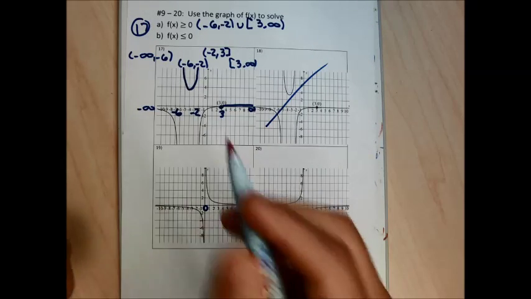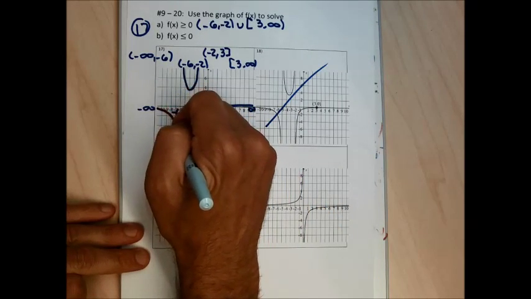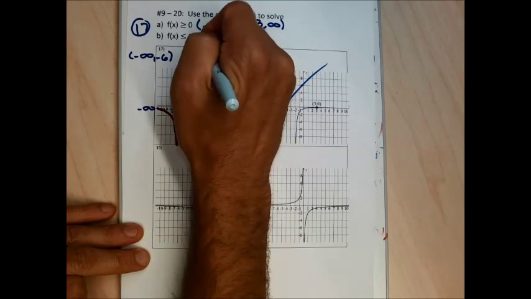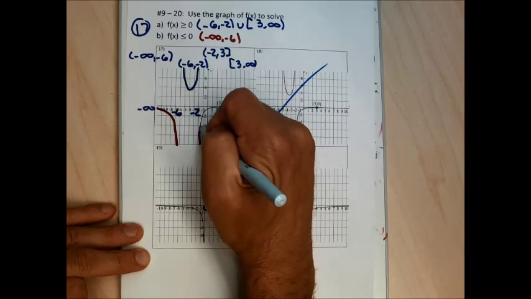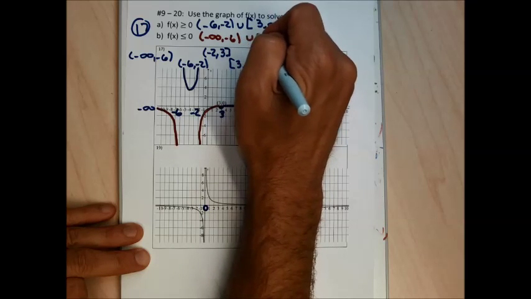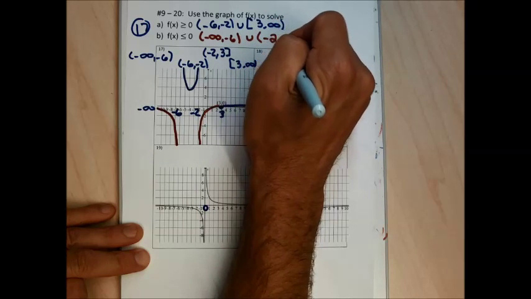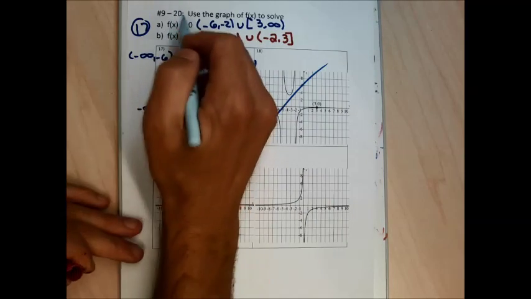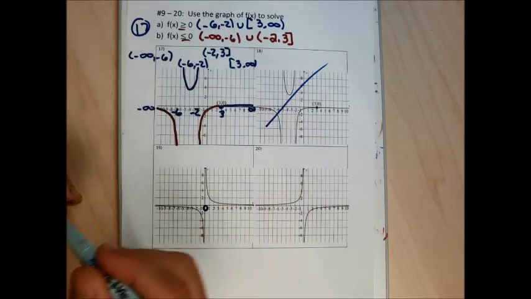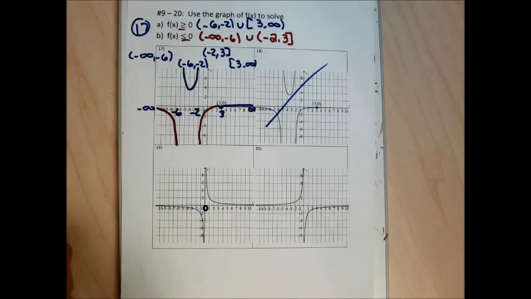The regions that go in part B are the region negative infinity to negative 6 and the region from negative 2 to 3, making sure to get the right kind of brackets. When you have the or equal to's, x-intercepts get square brackets, asymptotes still get the round brackets.